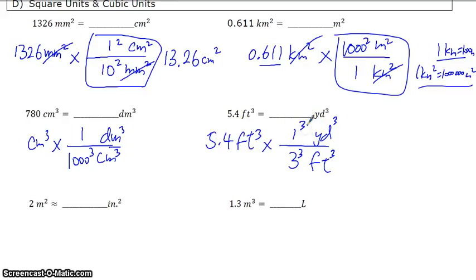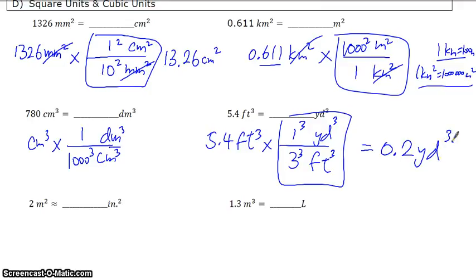Okay, you can put it there. 1 cubic yard is equal to 27 cubic feet. So from here, this one is 5.4 divided by 27, which is 0.2 cubic yards. So when you work with square units and cubic units, you just square it and cube it.